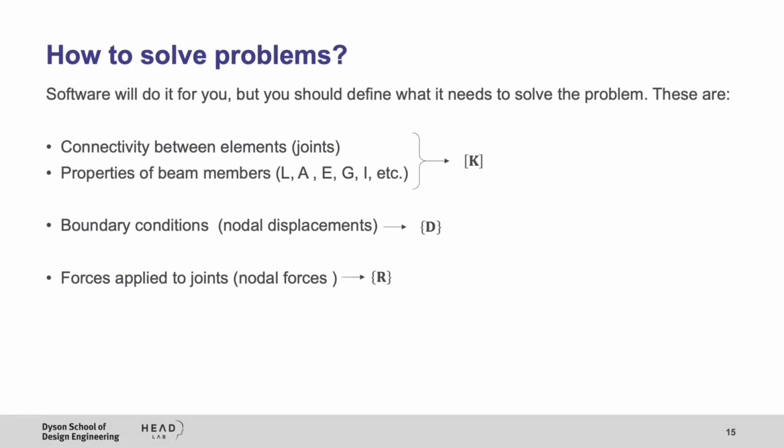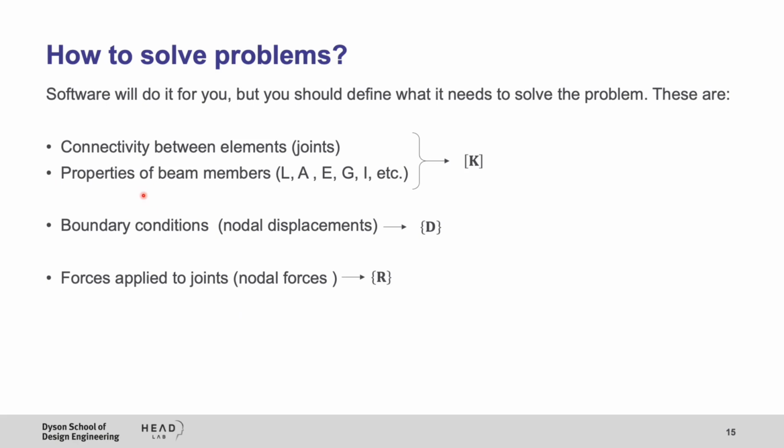All right, a bunch of mathematics, but how should we solve problems using beam elements? Well, the answer is that we use software like ANSYS, but we need to provide the software with the information it needs to solve the problem. For beam elements, we should provide connectivity between elements or joints, which is happening when we are meshing the structure, where we are discretizing the structure.